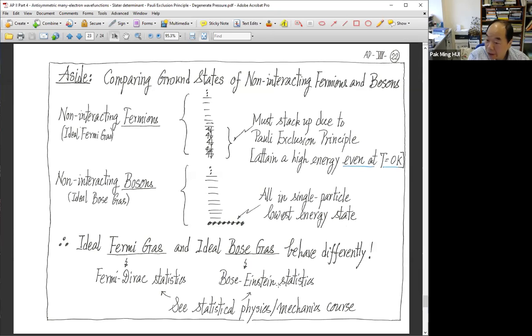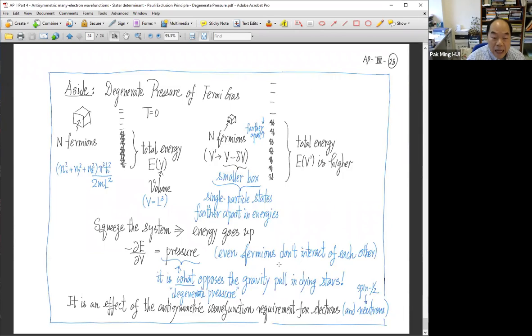But here you don't need this knowledge. For the ground state, you just look for the lowest energy way to fill in the fermions and bosons. And that difference is a very big piece of physics.